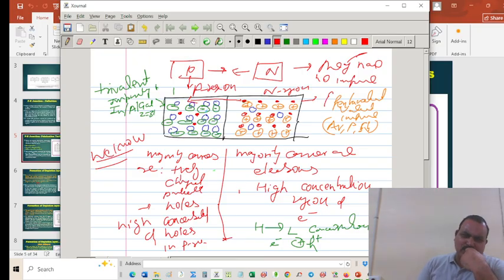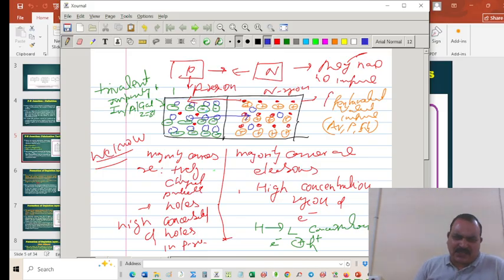Electrons start crossing this junction from the N to the P region, and in a similar way your holes start to move from P to N, because in P they have high concentration.